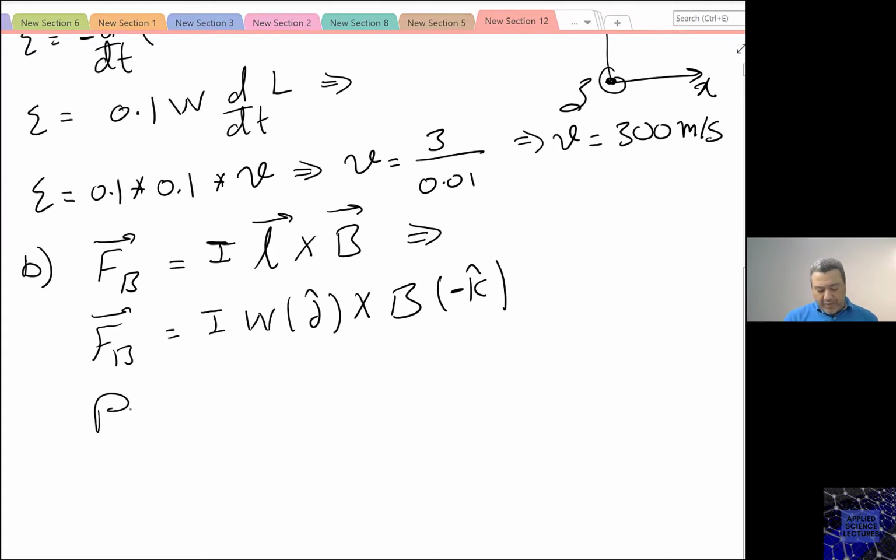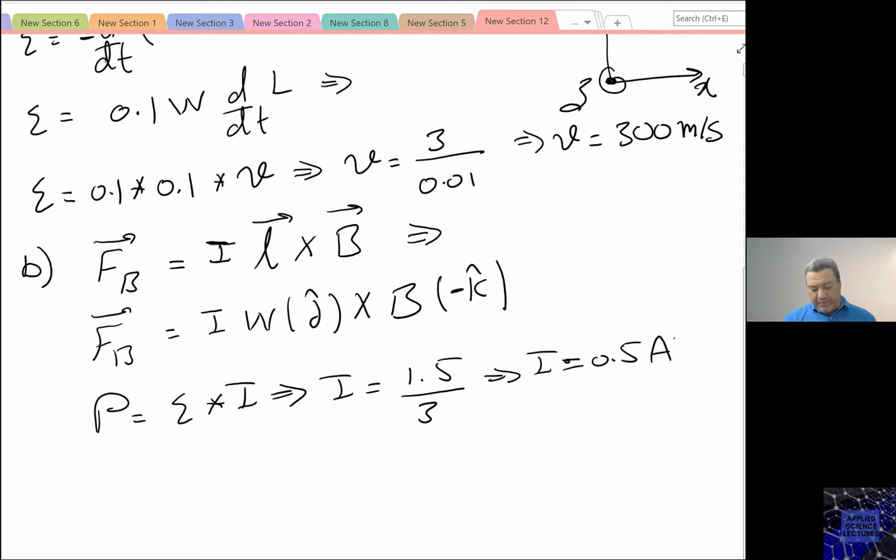I know that the power is the electromotive force times the current, which means that the current is 1.5 divided by 3. So the current equals 0.5 ampere. Then W is 10 centimeters. So I have here FB equals 0.5 times 10 centimeters times 0.1.